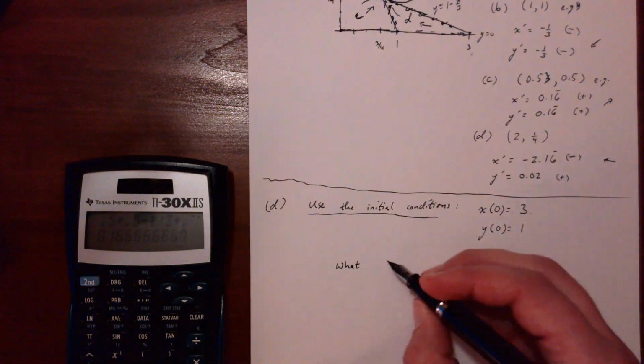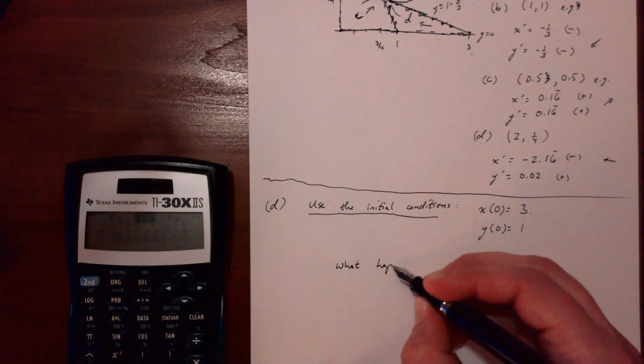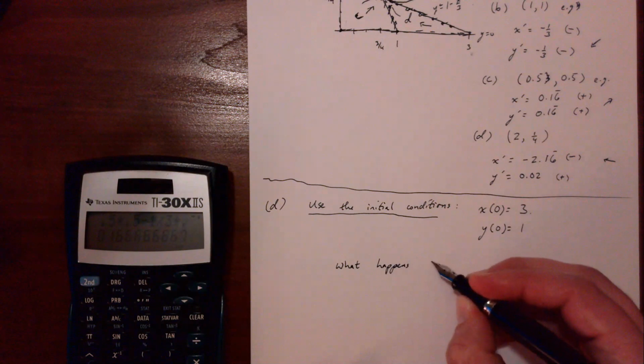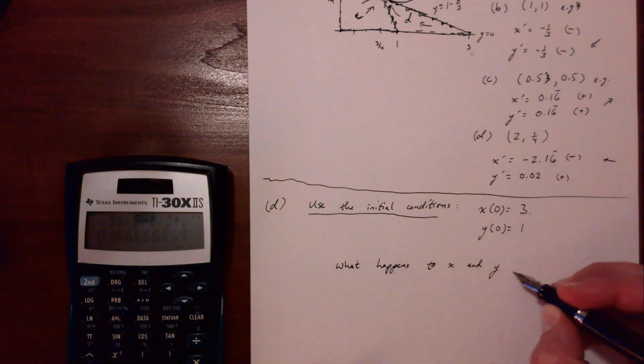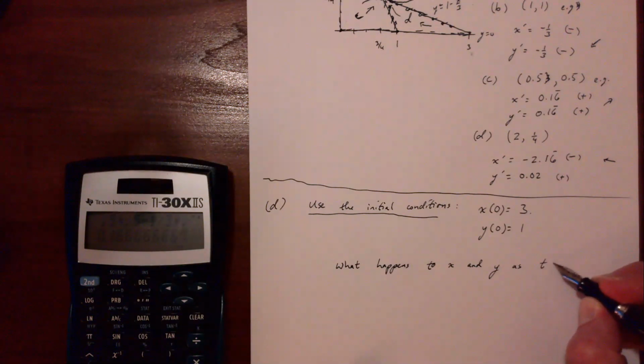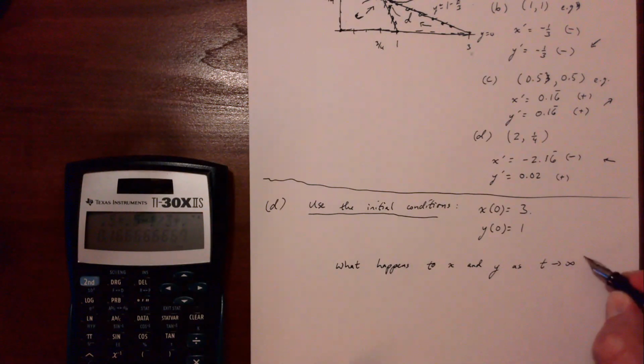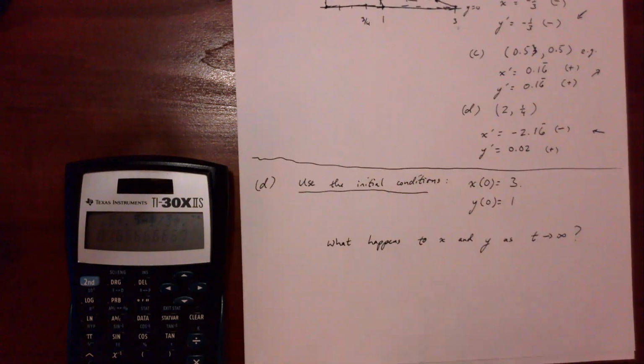What happens to x and y as t goes to infinity? So that would be the question we could ask, and we will just kind of plot it out.